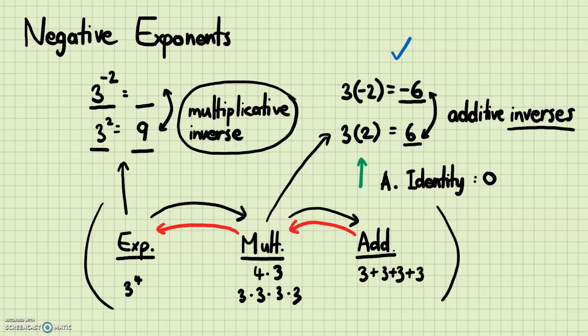So what is the multiplicative inverse of 9? In other words, 9 times what gives you the multiplicative identity, which is 1?